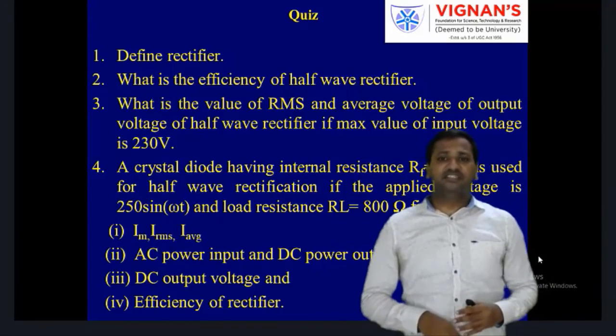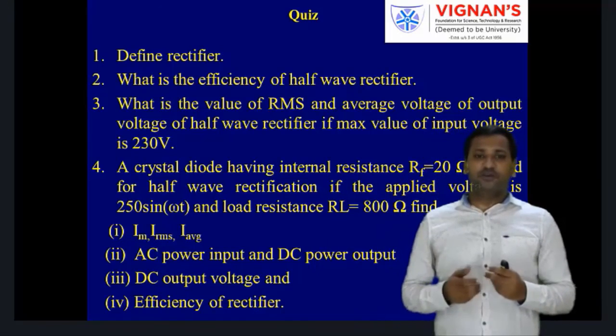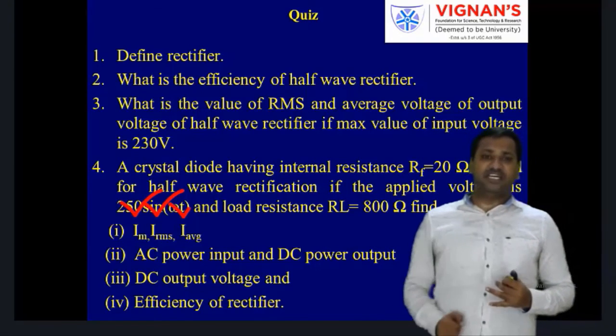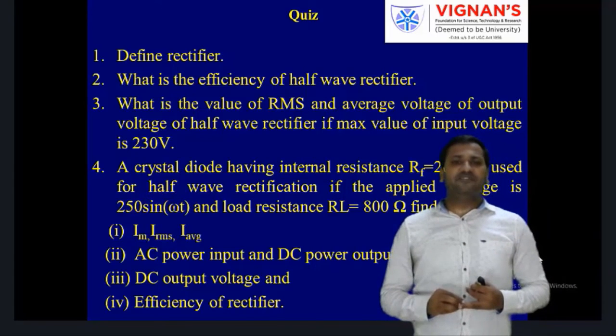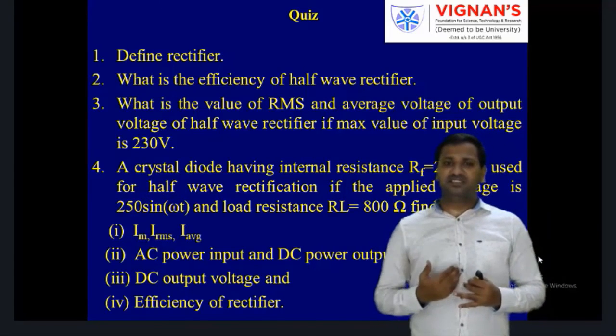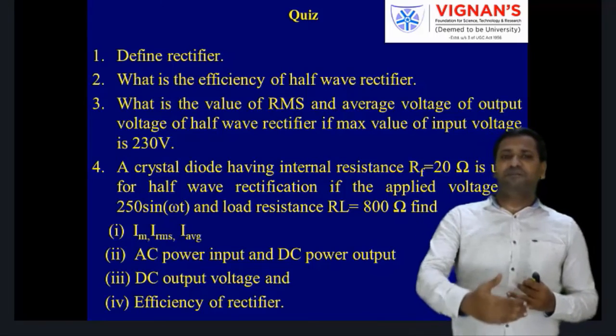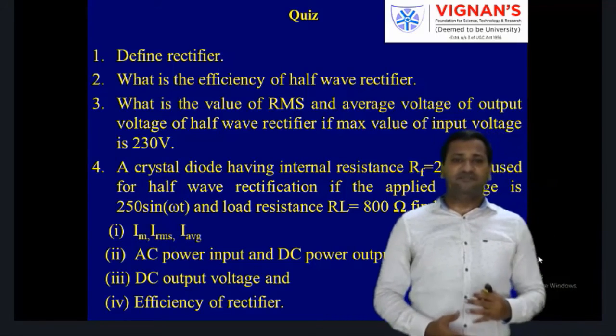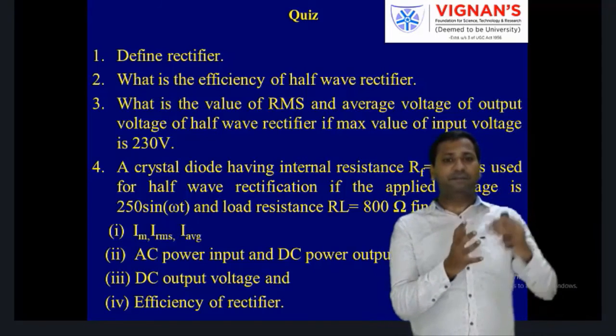For these specifications, you need to find the maximum current, RMS current and average current. The maximum current comes from the maximum voltage divided by resistance, the RMS current from the maximum current by 2, and the average current from the maximum current by pi.